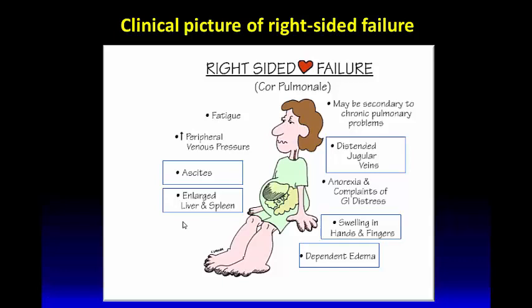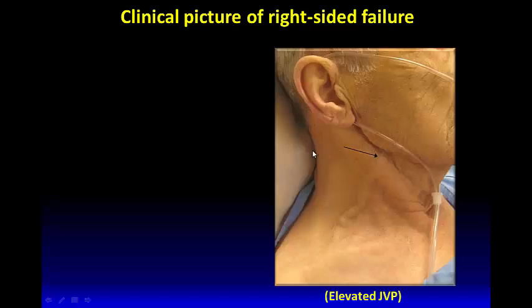Because in right-sided failure, right atrial pressure increases, and this increased right atrial pressure is transmitted to the big veins in the neck, because there are no valves between the right atrium and the big veins. Hence, the jugular veins would appear distended, and there would be an increase in the jugular venous pressure as seen in this picture.